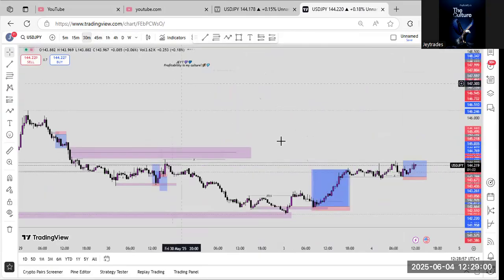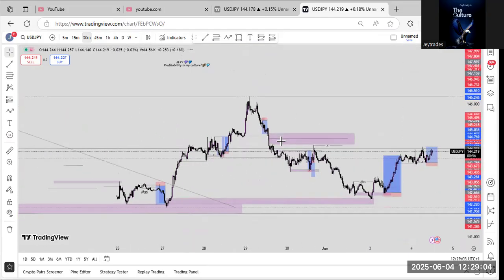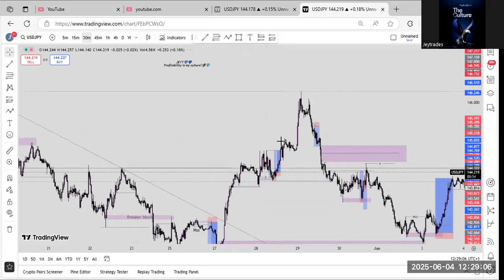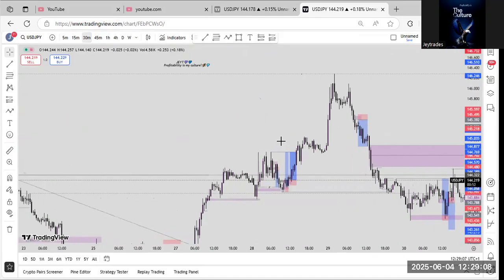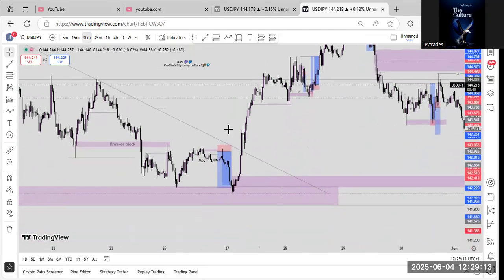I hope you understand this simple analogy. All right, let me see if I can see something. See, after price mitigated a higher time frame zone from this particular place, it shifted character and broke the last high. This is the last 4 hours high.